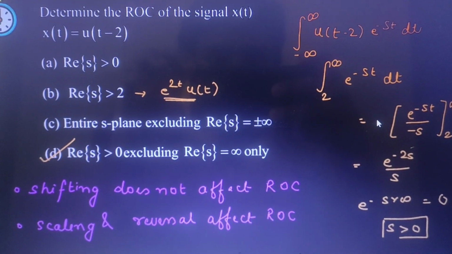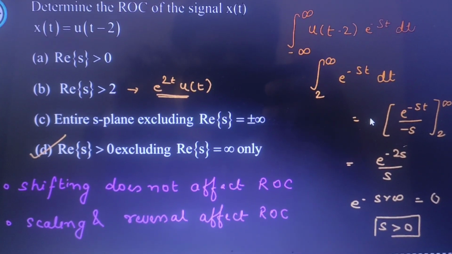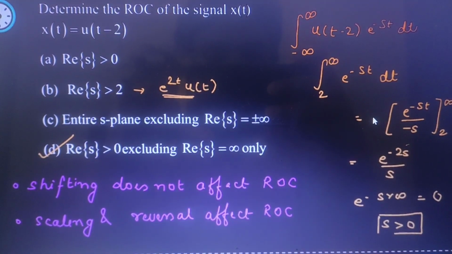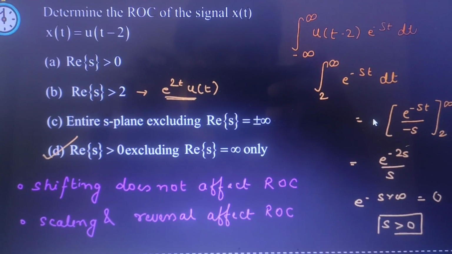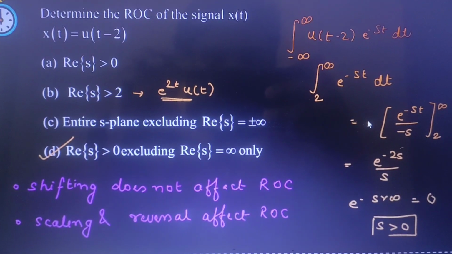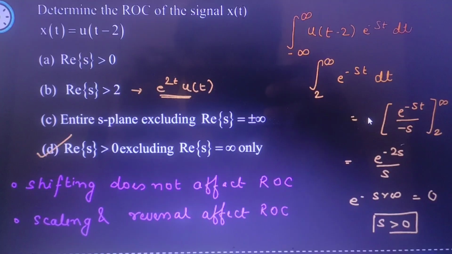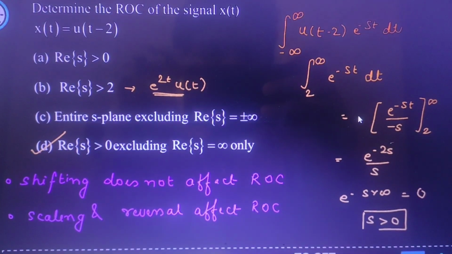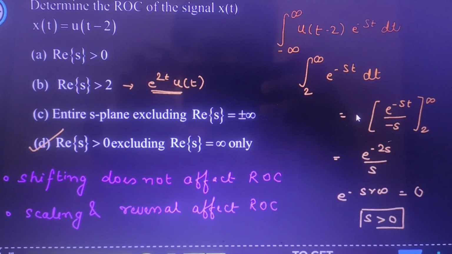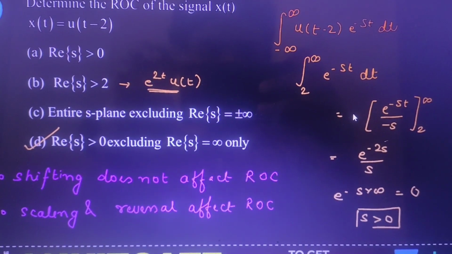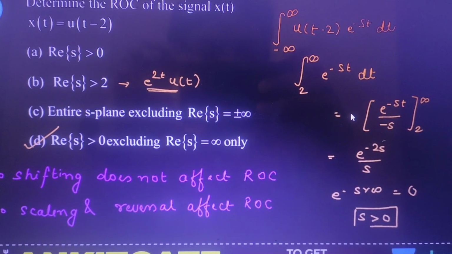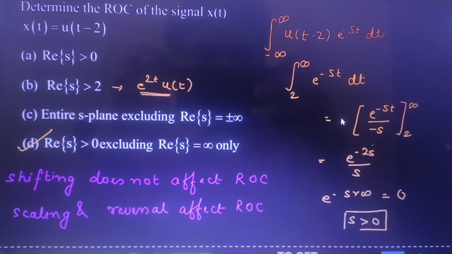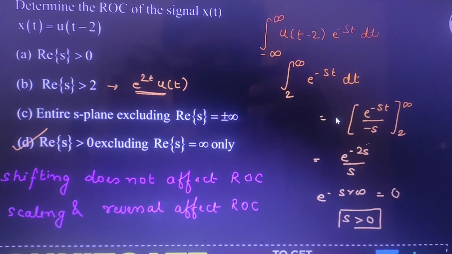Determine the ROC of a signal x of t, where x of t is given as u of t minus 2. Here you can write the Laplace transform as integration from minus infinity to infinity of x of t e power minus st into dt. Here shifting does not affect the ROC, while scaling and reversal affect the ROC. So u of t minus 2 is integration from 2 to infinity of e power minus st into dt.